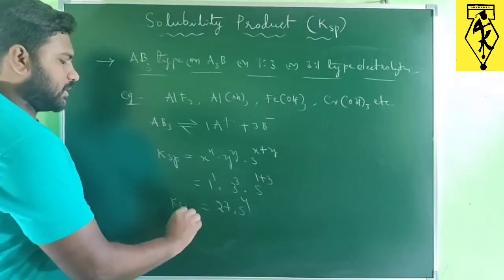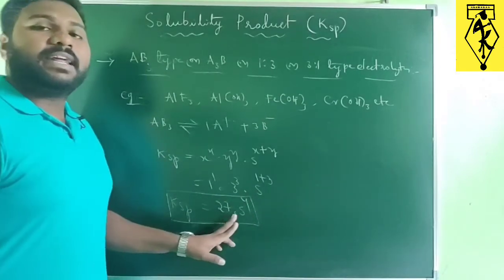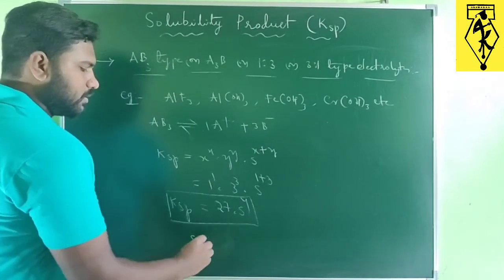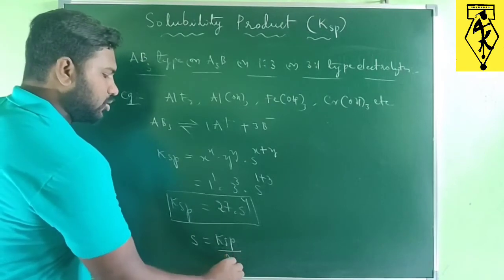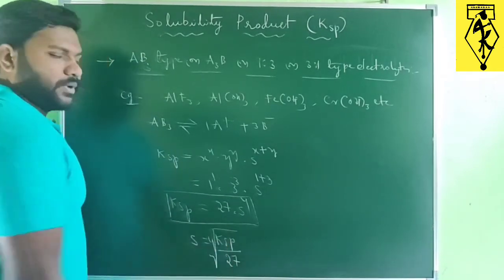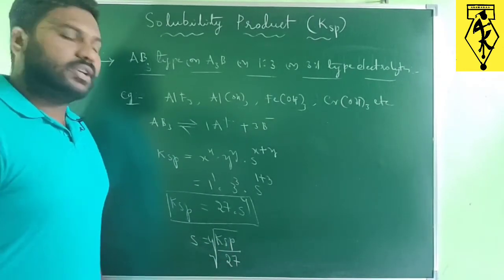So what is the expression of KSP for this type of electrolytes? 27 S power 4. If you want to calculate S here, S is equal to fourth root of KSP divided by 27.